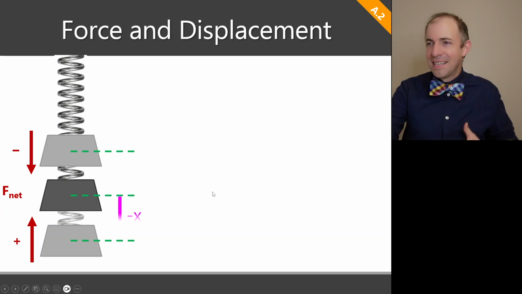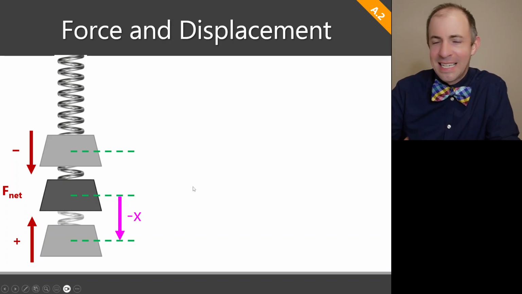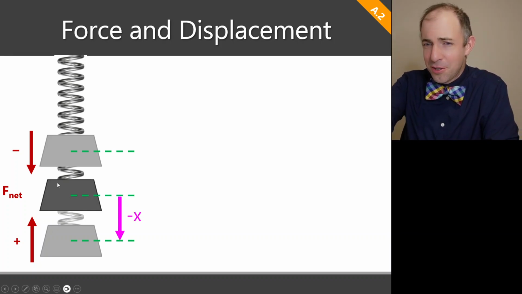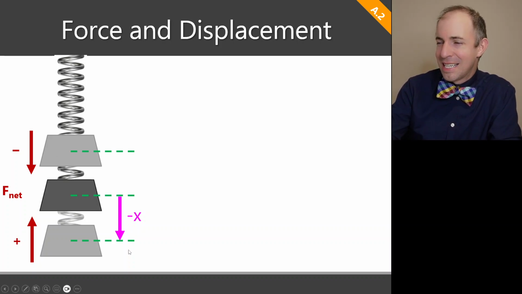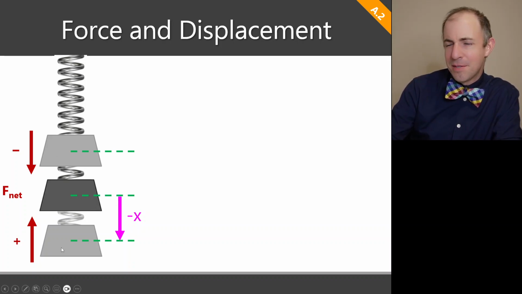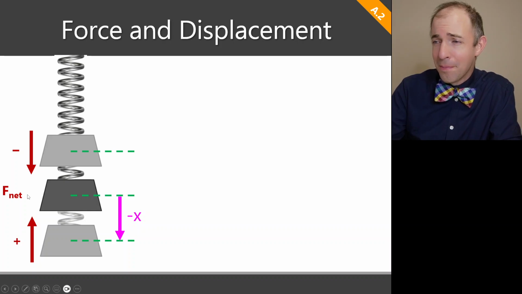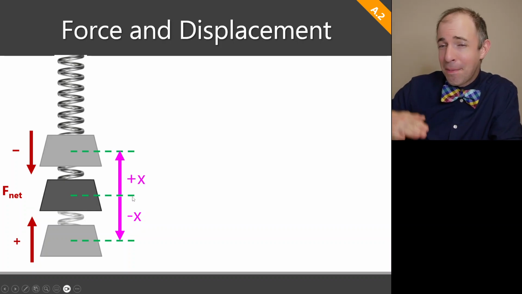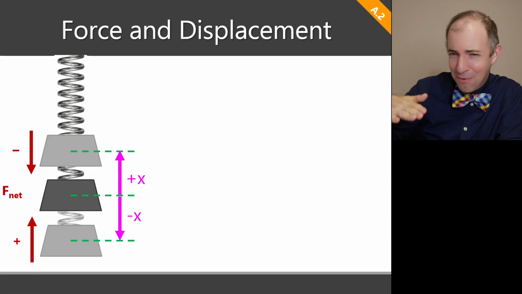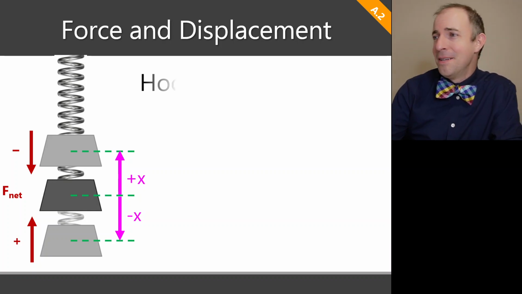Now let's define this a little bit more, especially that minus. Notice that when I stretch the spring in the negative direction, so if I pull down, it's going to give me a negative displacement, but the restoring force is up towards equilibrium, so positive force. Likewise, if I give it a positive displacement, the restoring force is back down, negative.